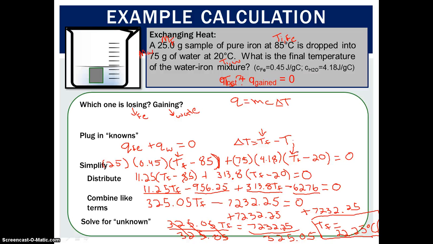Also, this kind of calculation can be used to find the heat of reaction. If we can measure the temperature change, the heat gained by water, and that water is heated by the heat that is given off by a reaction, then we can measure heat of reaction. This heat exchange is really the connection to all of the chemistry-based calculations we would need to do.